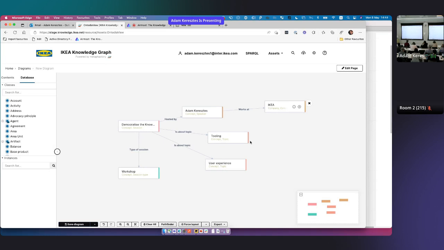So again, we have these three layers of the knowledge graph, which you also wrote an article about. We have the ontology, the first layer, the top layer, and then we have the controlled vocabulary and the instances, and then we have the connection between those. So what I showed you now is the last step, which is connecting it. But we have the previous steps of defining the ontology and defining the vocabulary.